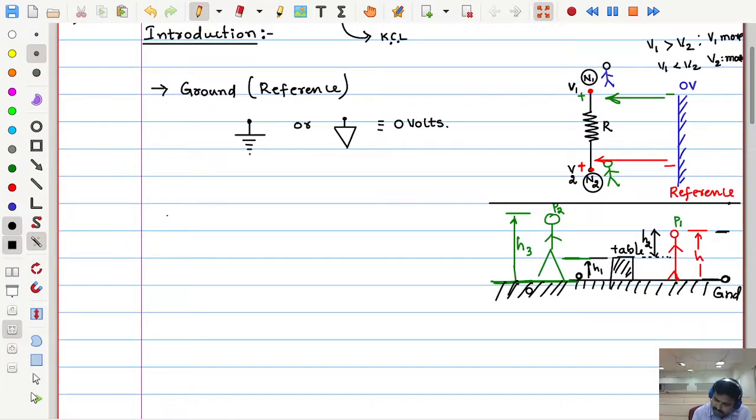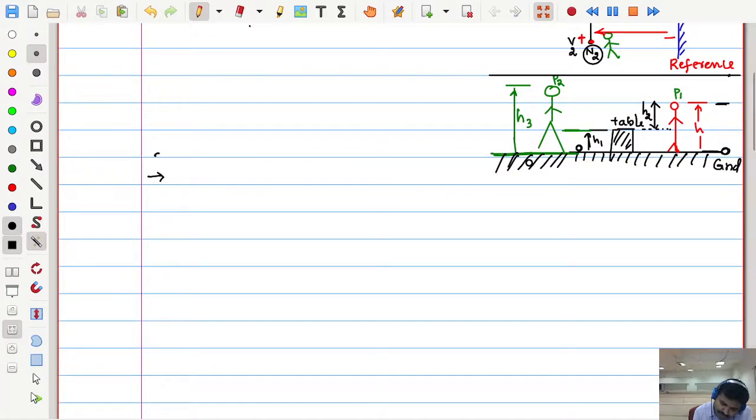Next, with this introduction, let us see the steps involved in doing this nodal analysis. So, steps. First let me write these points. First, identify the nodes. Next, once we identify the nodes, let us say the number of nodes found is n.